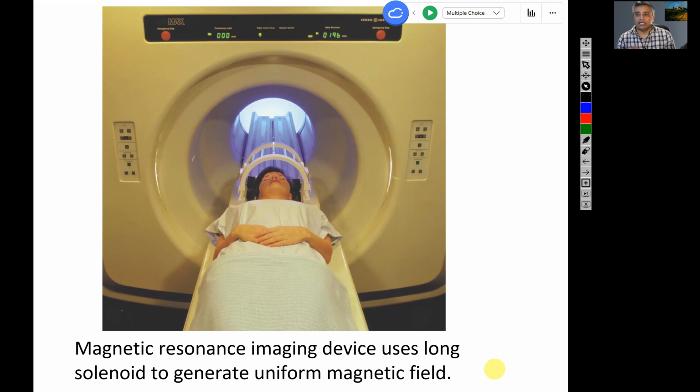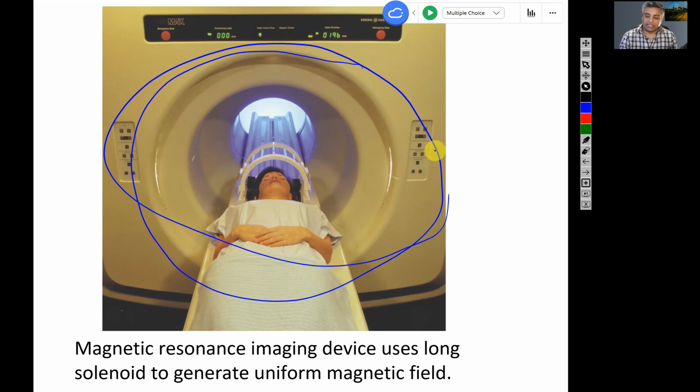But what if you want the image of soft tissue, not the bone? Then the X-ray can easily penetrate through it and it's not going to make the image. So in that case we use this kind of device, which contains a large circular solenoid magnet, and a large current circulating through it produces a large magnetic field.